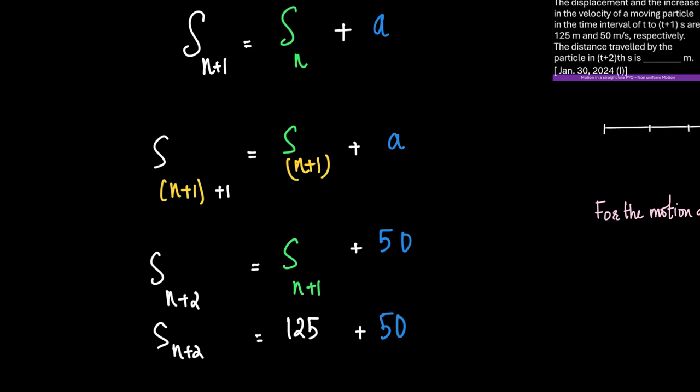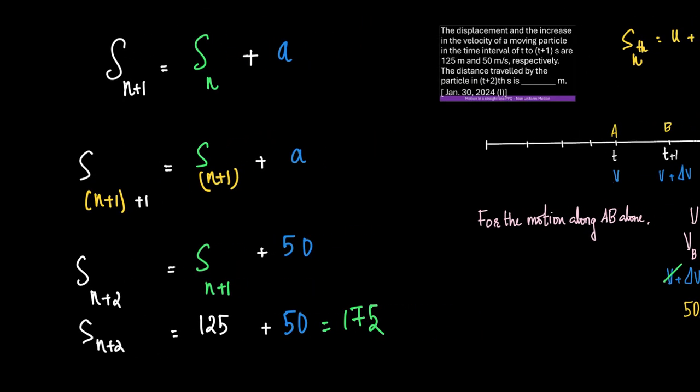Or in other words, Sn plus 2 is equal to Sn plus 1 plus a. What is Sn plus 1? Given in the question, t to t plus 1 is 125 meters, therefore this becomes 125 plus a. What is a? We found the value of a to be 50. So 125 plus 50 gives us 175. Therefore the distance traveled by this particle would be 175 meters.